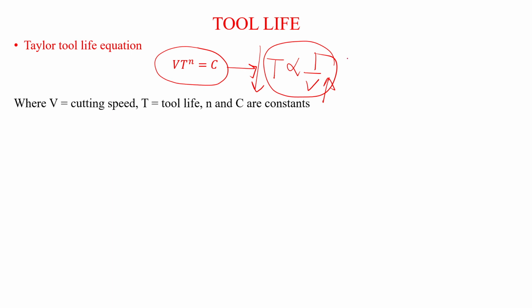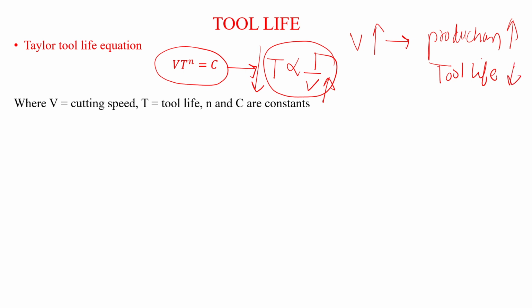For example, if we are increasing V, then our production will increase, because more cutting will happen. But our tool life will decrease, because at a very high speed, very high temperature will develop, and high temperature will lead to very low tool life.